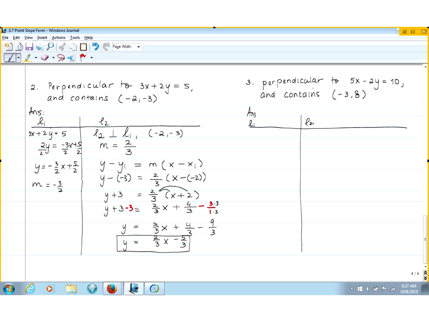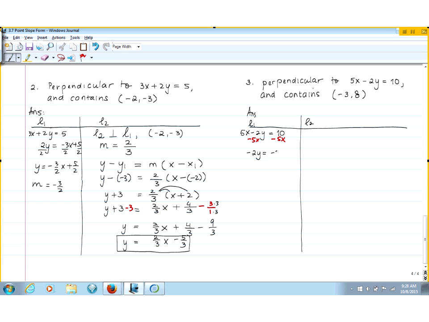Alright, so let's discuss it. What do we know about line 1? The equation, 5x minus 2y is equal to 10. So what is the slope? Positive 5 over 2, right? We will subtract 5x from both sides.